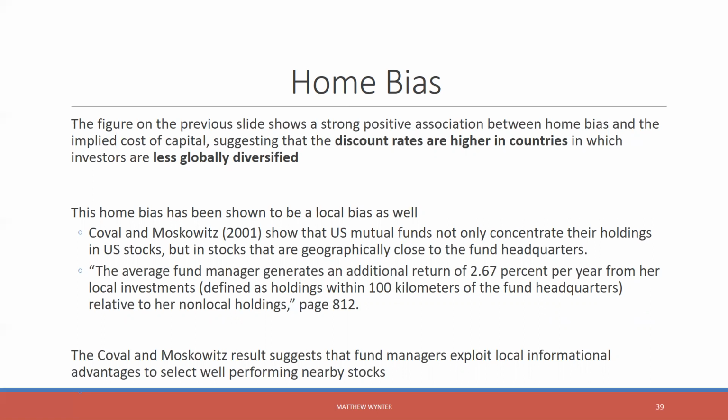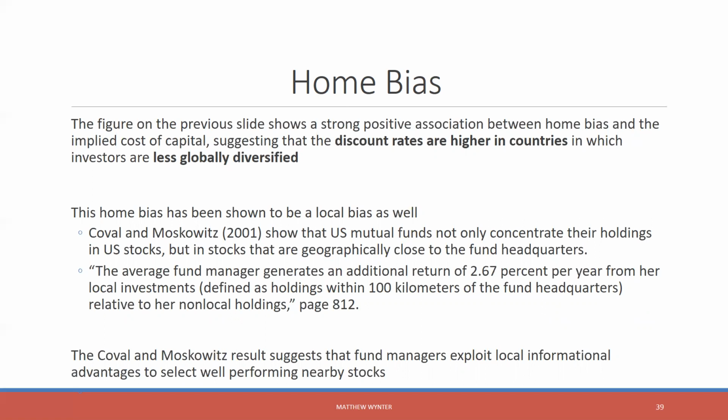Meaning, if you look at the typical US mutual fund, and again, we said these US mutual funds are way over invested in US domestic stocks relative to what diversification theory would predict.